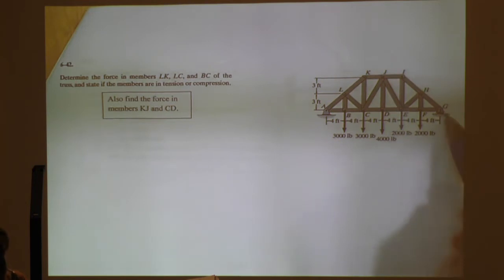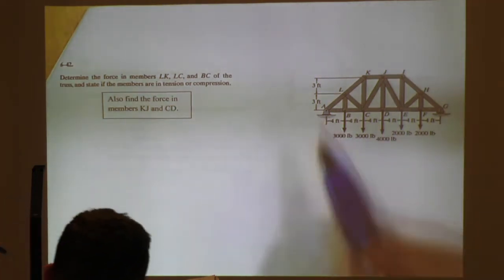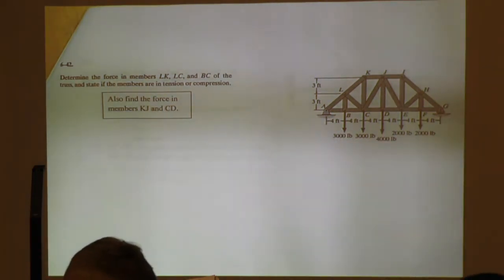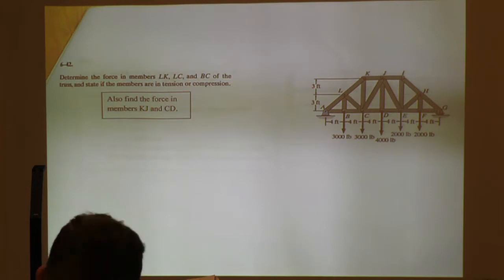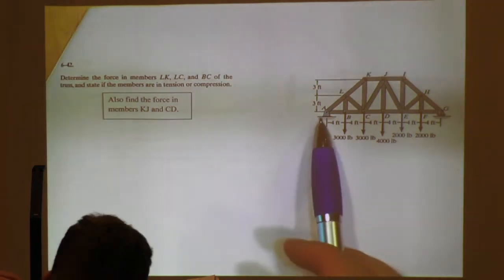So yeah, this is a roller, this is a pin. This one's the pin.